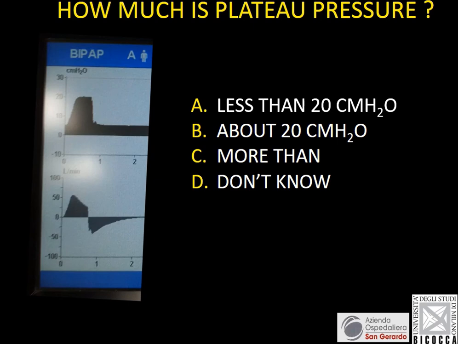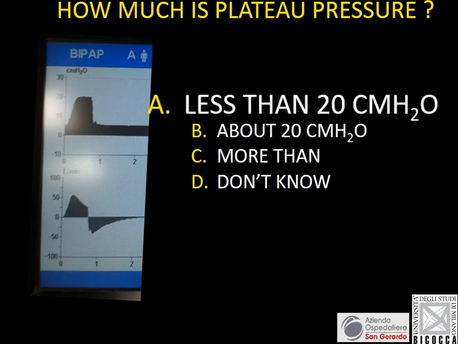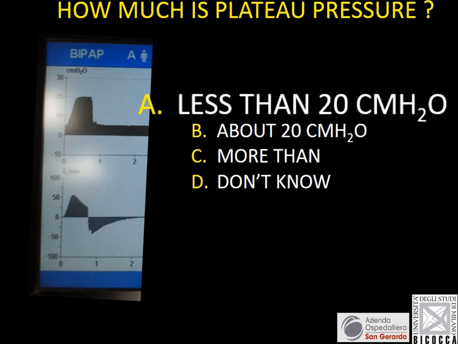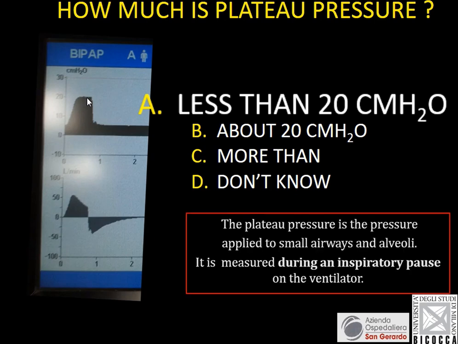So I think the right answer is less than 20 centimeters of water. Why is it so? Come on, this is 20, this is flat, this is plateau pressure. But this is not plateau pressure. You see, I think this is the greatest confusion about pressure control ventilation. The fact that the pressure is flat does not mean it is plateau.